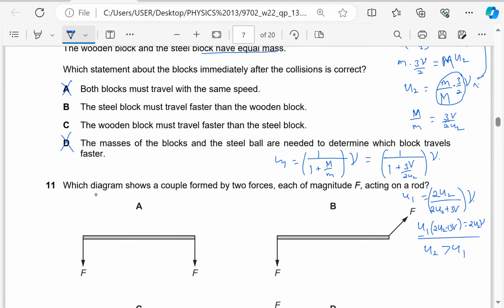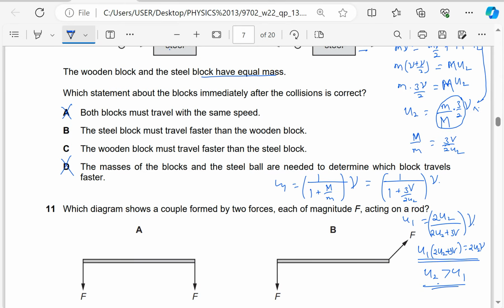By just looking at this expression, U1 into twice U2 plus 3V is equal to twice U2 times V, you can notice that U2 is going to be greater than U1 because you'll divide by several fractions. To find U1, you'll actually have to divide U2. So that means U2 is most likely going to be greater than U1.